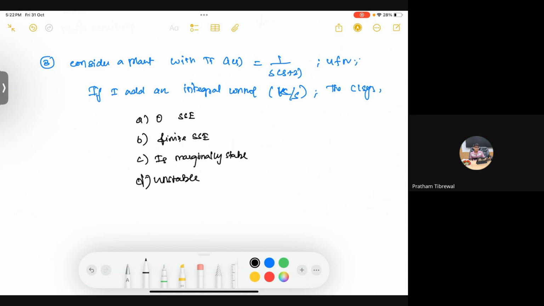So I have given a system where one of its poles is at the origin, another pole is at -2, and I want to add an integral controller, and I'm asking what adding this integral controller would do.